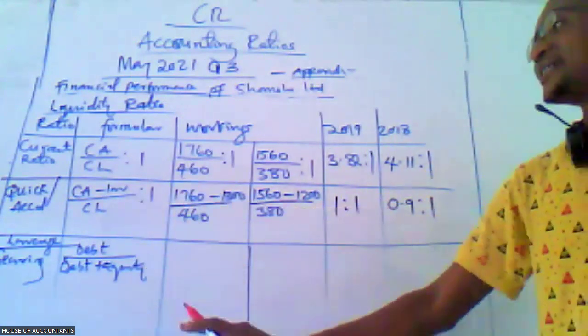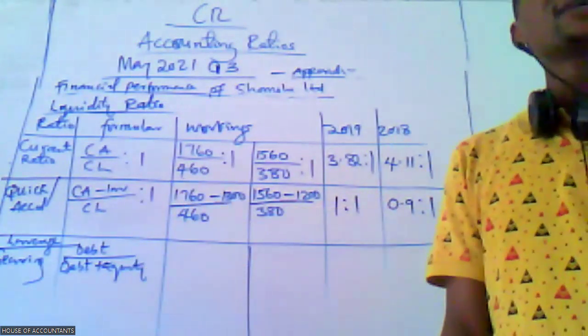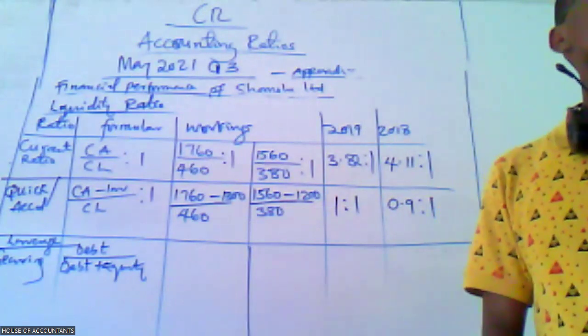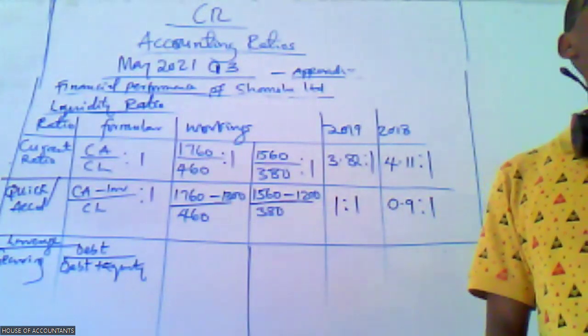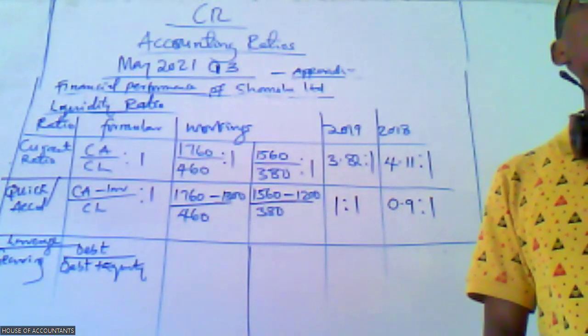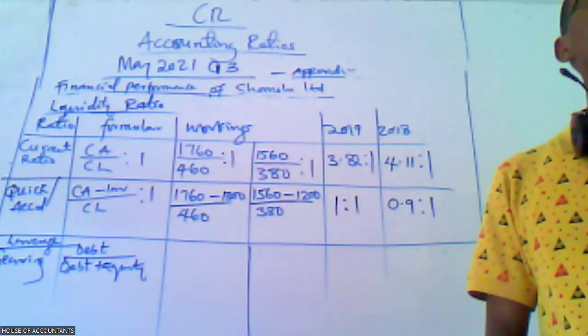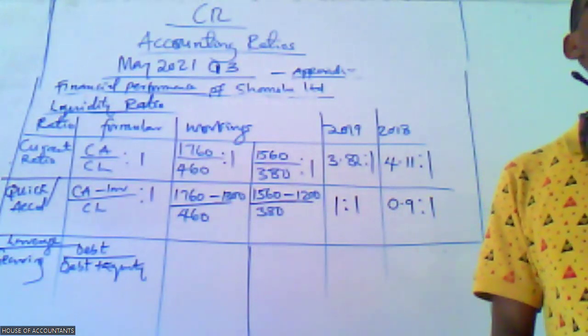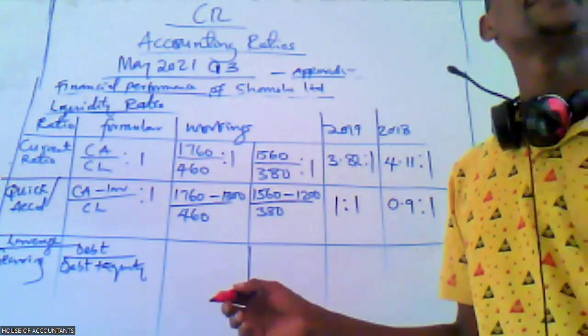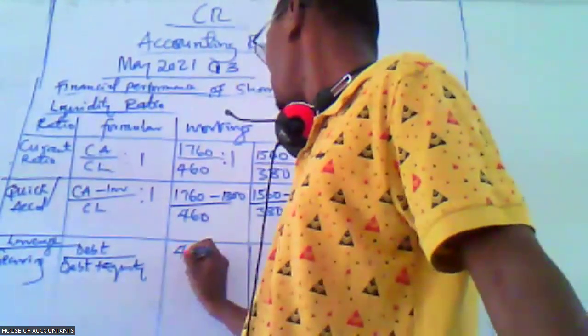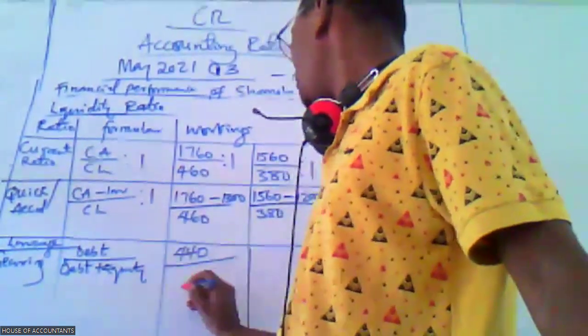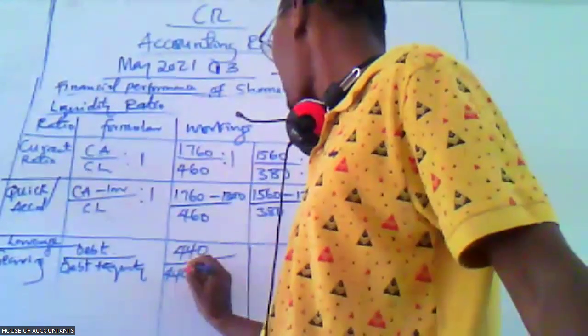What's our debt in 2019? Our non-current liability. 440. It's also going to be 440.